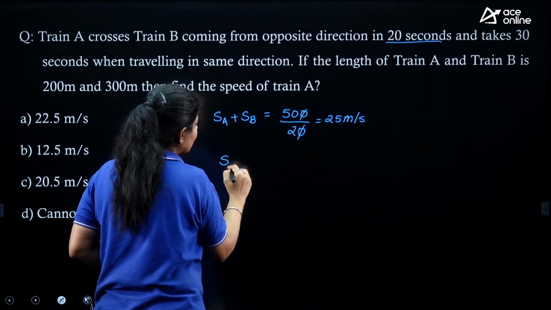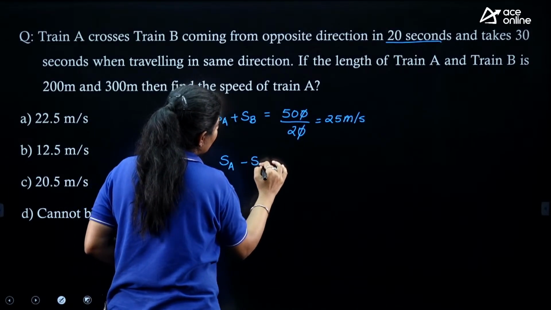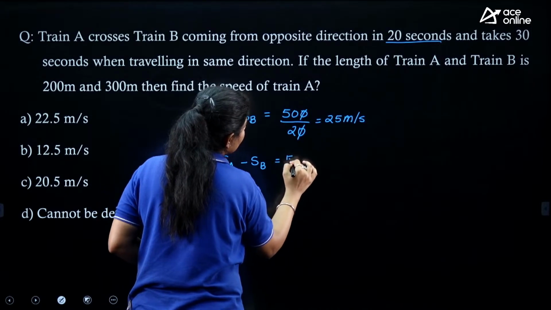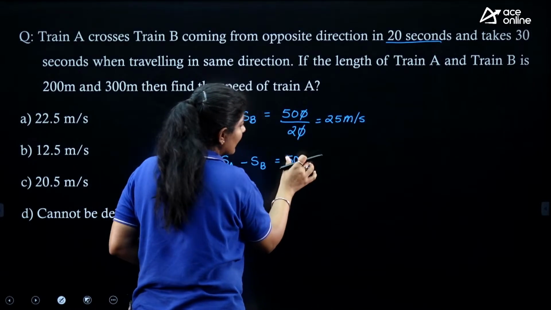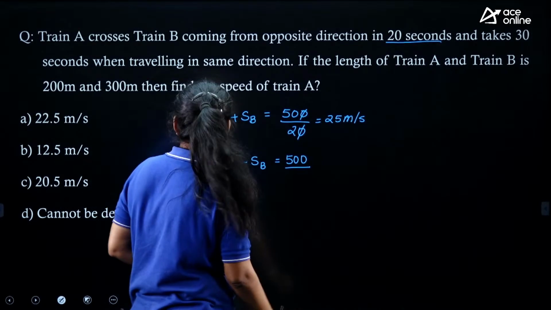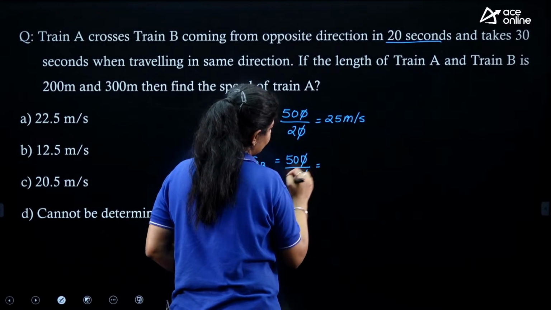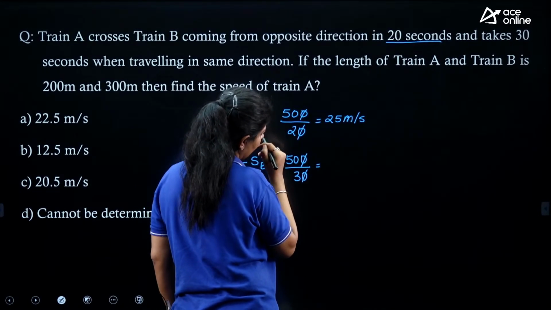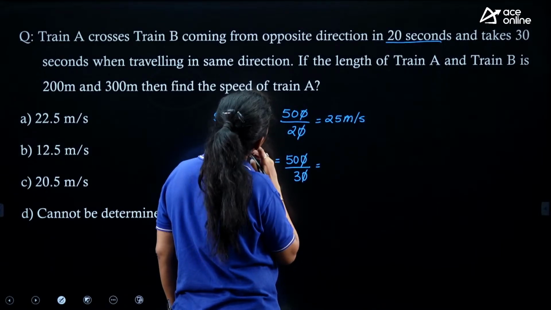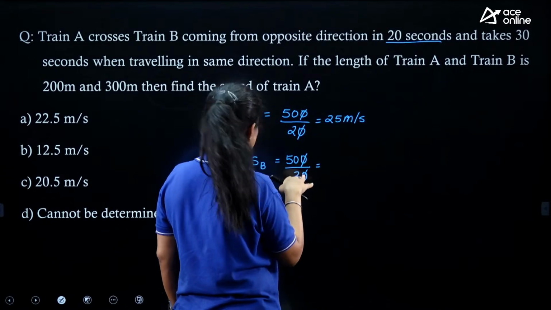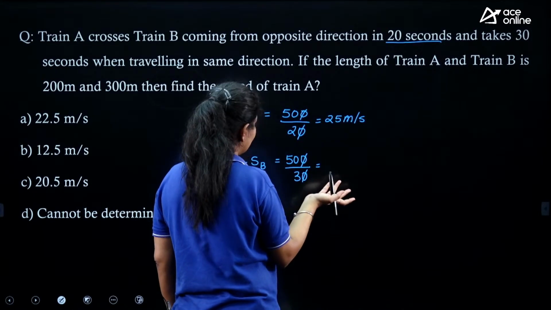If they are moving in the same direction, the equation that we can create over here is this one. The distance will remain the same and they are taking 30 seconds. Okay, so the value that we are getting over here is 50 by 3 seconds, as we can't reduce it.